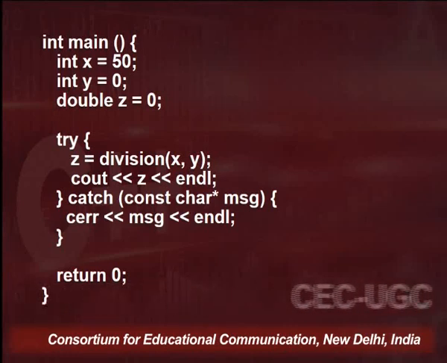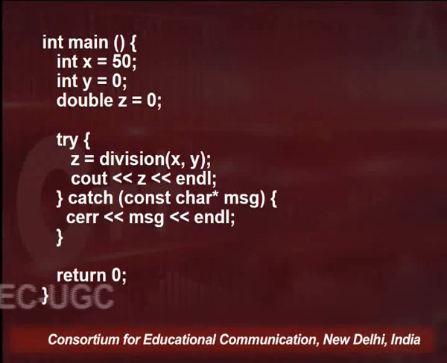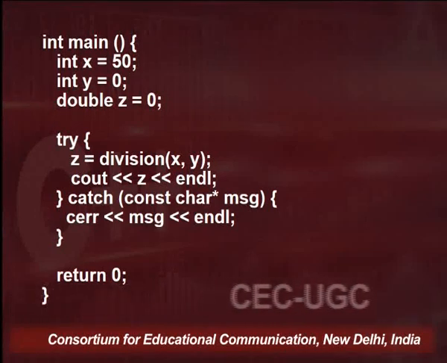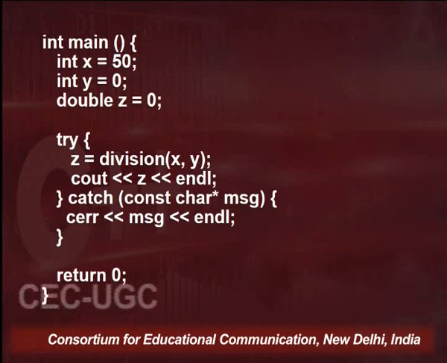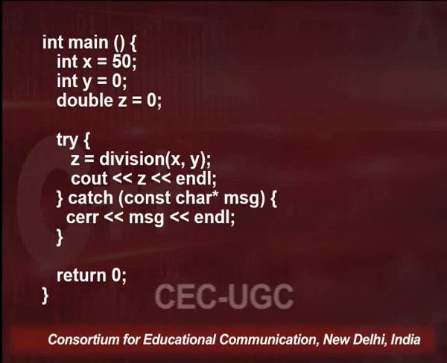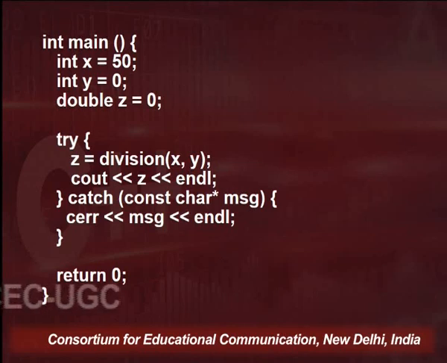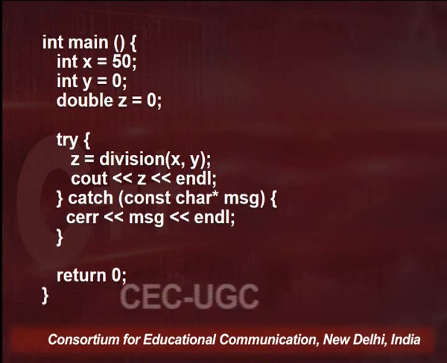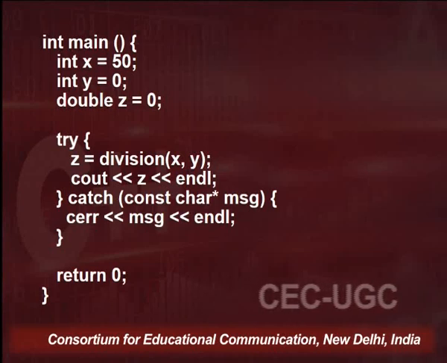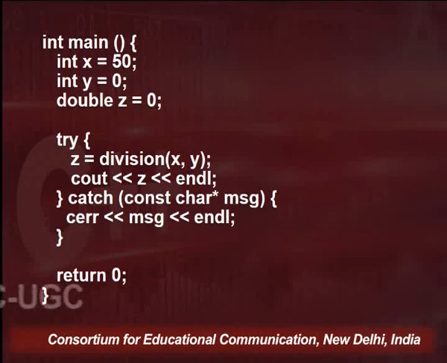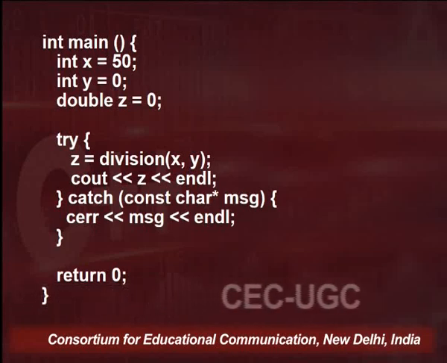So for a clean exit, we have to have this try catch block, which is an exception handling mechanism, in order to give the program a normal, clean exit. Otherwise your program would be interrupted quite abruptly, and the user will not get the proper message about what has happened inside the program and why this program is not working.